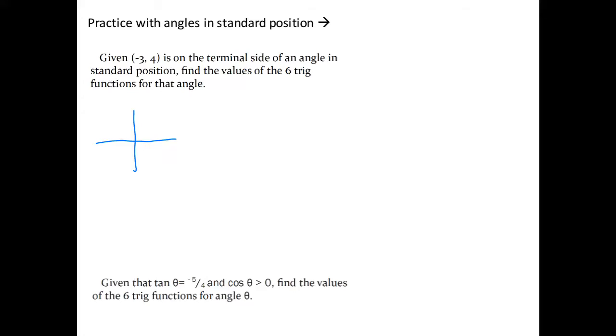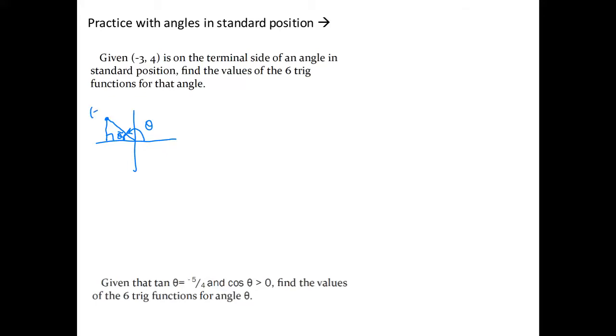So if we plot the point (-3, 4), and you don't need to make a perfect coordinate plane, I'm just going to approximate. -3 would mean to the left 3, and then we'd go up 4, so maybe it's right here, right? So the angle that opens from standard position is our theta, but remember, when we are finding values, we typically use this angle, the reference angle, anyway, so that's why we're allowed to build this right triangle to label.